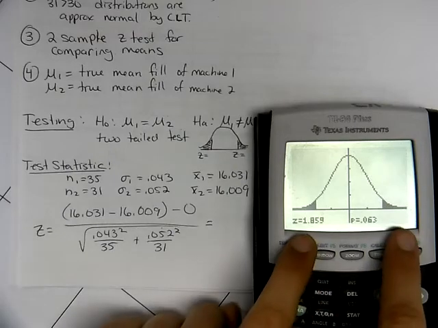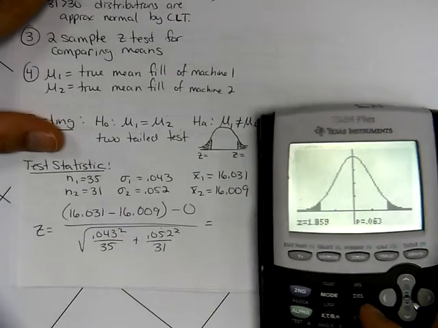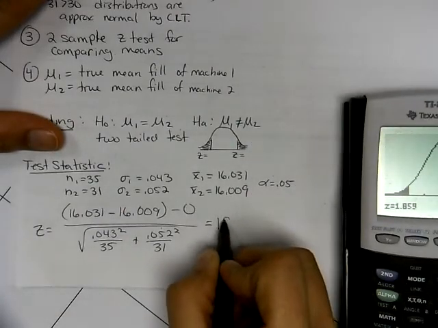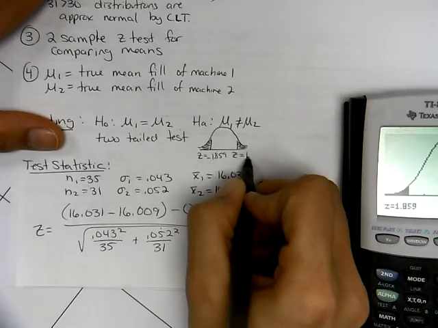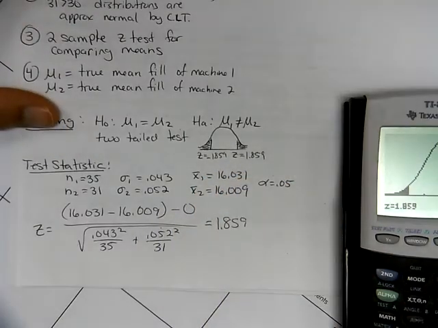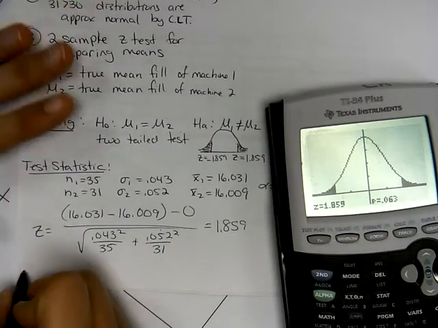So you got your two-tailed test. Here's your z-score. Here's your p-value. So we have negative 1.859 and positive 1.859. A lot of you wrote both of them on your test, which was totally fine.